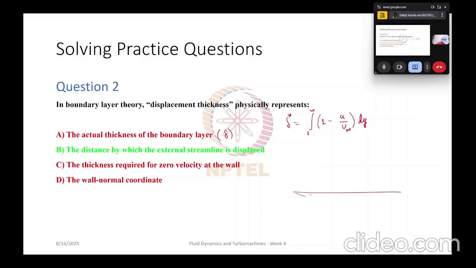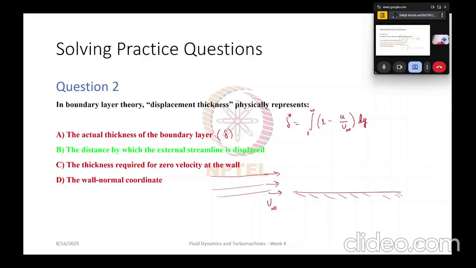Let's say I have a flat plate and there is a uniform flow velocity coming in with perfectly horizontal streamlines like this.